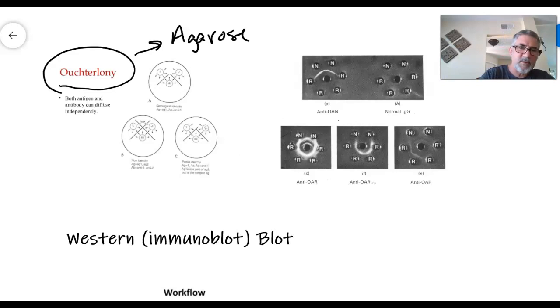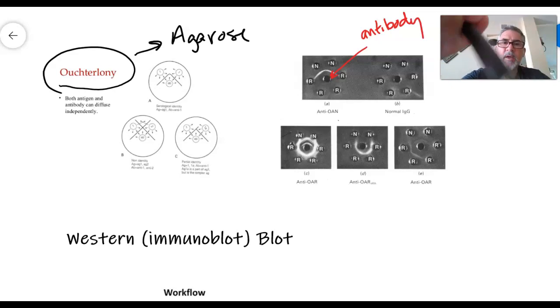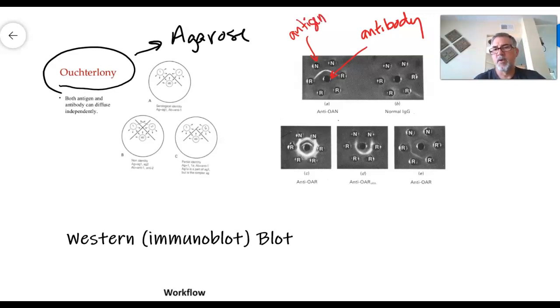So the way it's done is in the center here, I put antibody. And in the outside circles, I put antigens. So the antibodies will diffuse outwards from the center, and so will the antigens, right?